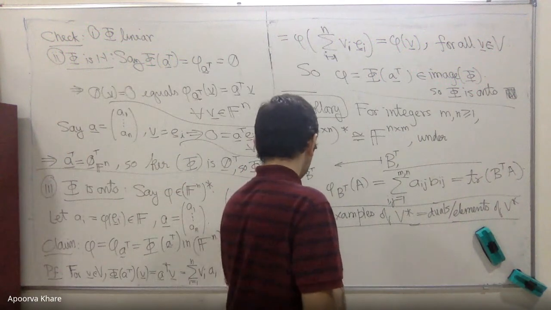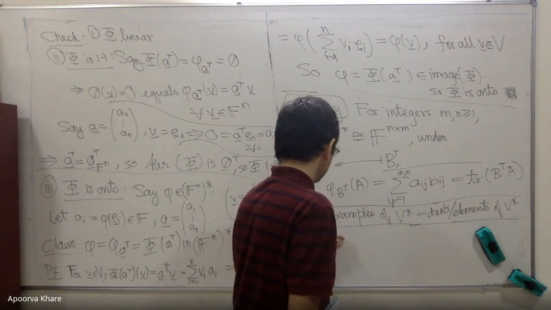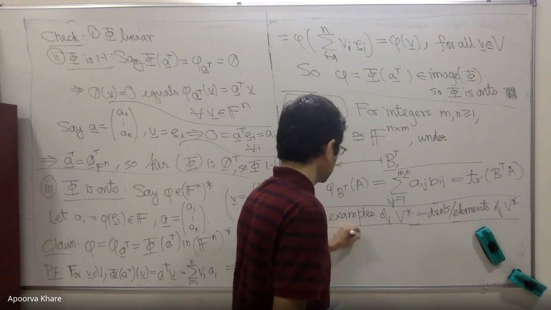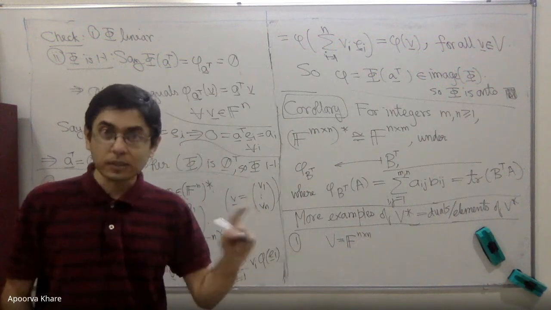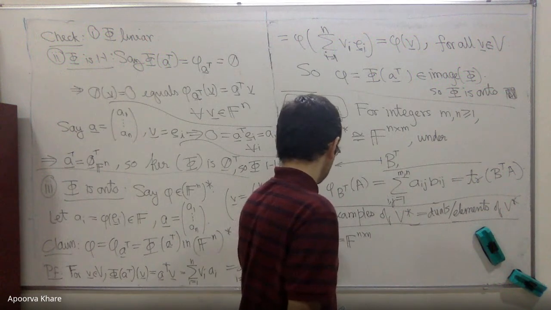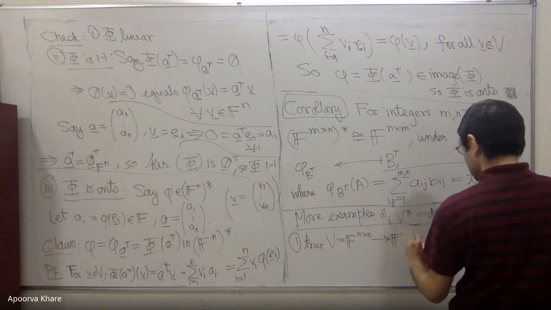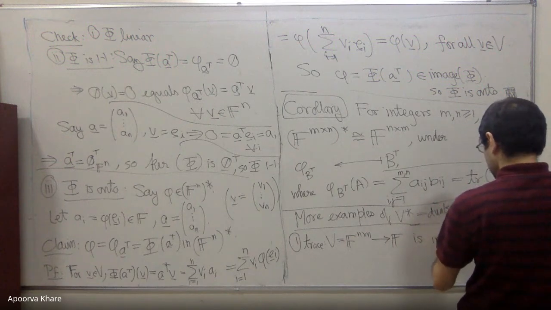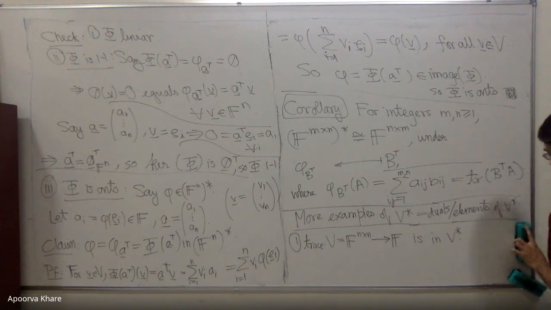So one is that if you look at V equals F to the n cross n. This is the set of square matrices. Here is a linear map from it, the trace. Okay, the trace is indeed a linear function and a non-zero linear function.